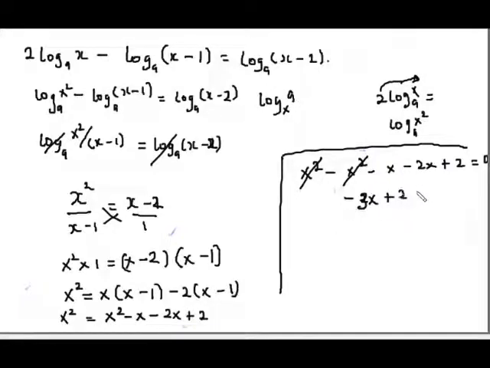If I'm moving the 2 towards this side, it becomes negative 3x equals negative 2, and then x equals negative 2 over negative 3, so that the negative can cancel out the negative here, so that x equals 2 over 3.